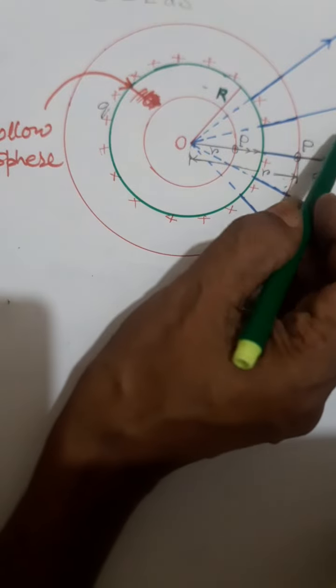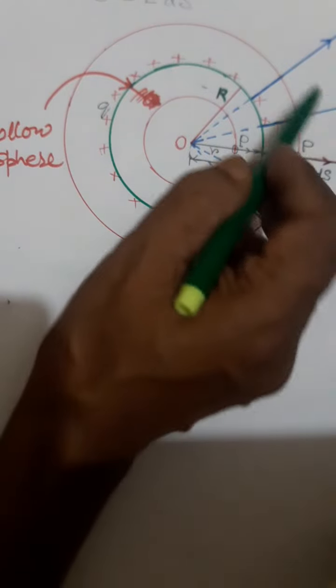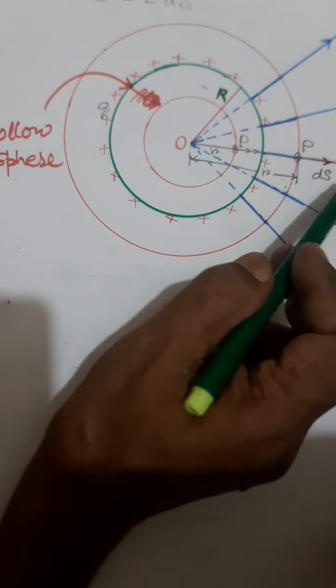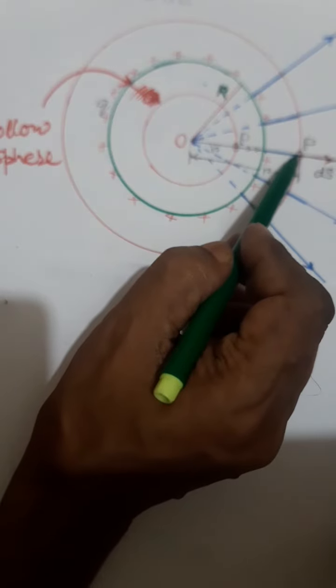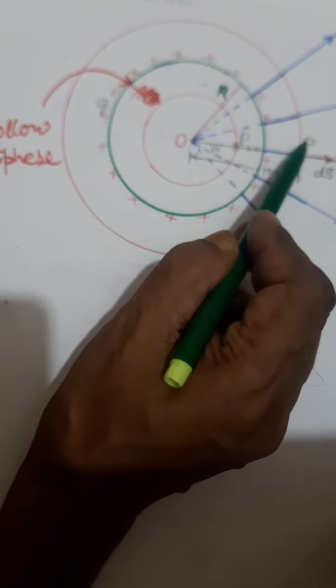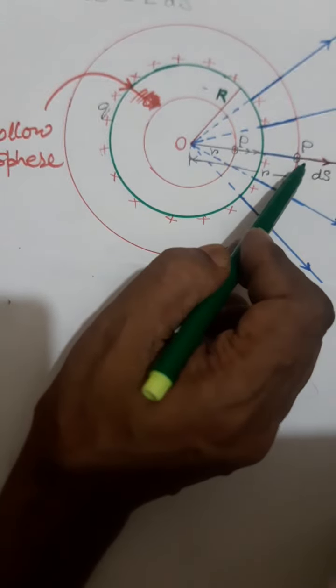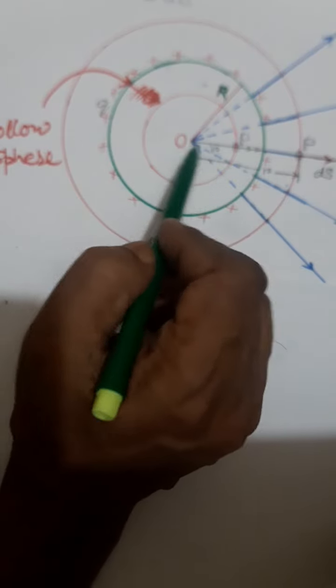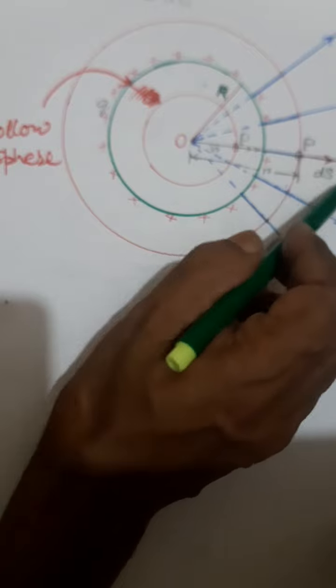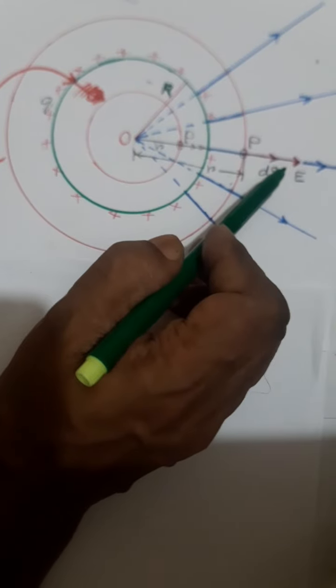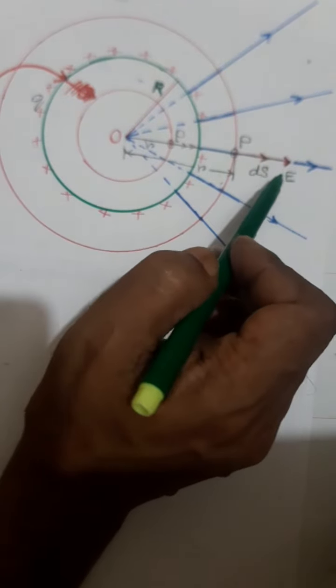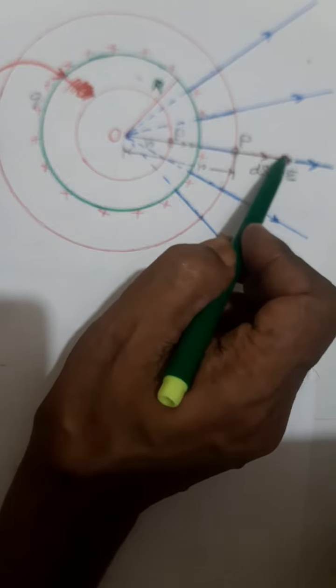As the electric lines of force are emerging radially, the electric field at P is also radial, that is, it will act along OP as shown in the figure. You look at the figure, this is the direction of E.